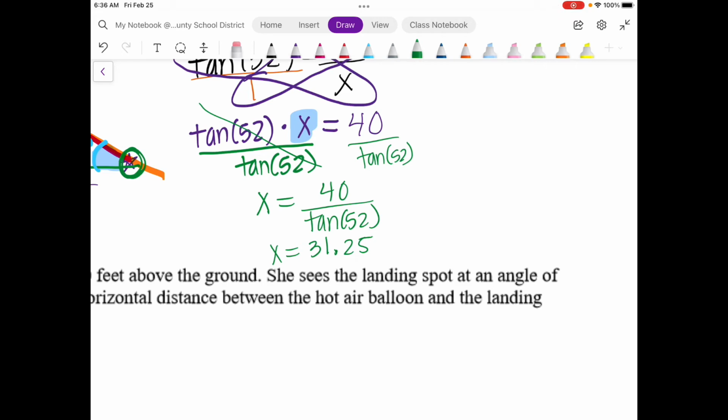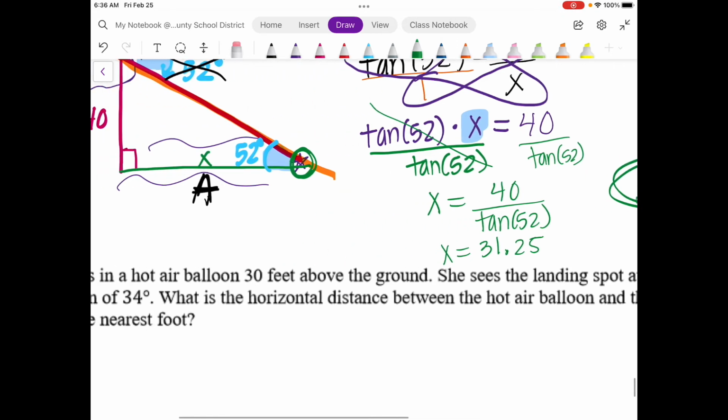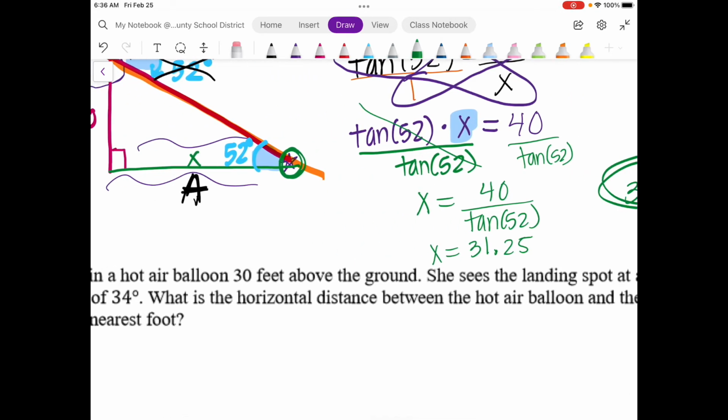If it's multiple choice, just pick the one that's rounded correctly. Let's just go with 31 feet. And this is the distance from the seal to the cliff. Oh, it does say to the nearest foot. So yes, we're going to round to 31 feet in this case. Perfect. So that's how far the seal is from the bottom of the cliff.